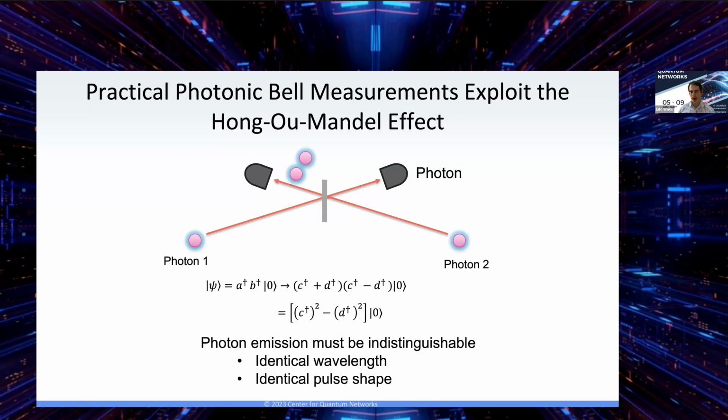This only happens if the photons are 100% indistinguishable, which means that they have the same wavelength, the same identical pulse shape, the same polarization, the same everything. If they're identical, they will exhibit this Hong-Ou-Mandel interference, and that will prevent these detectors from simultaneously clicking.